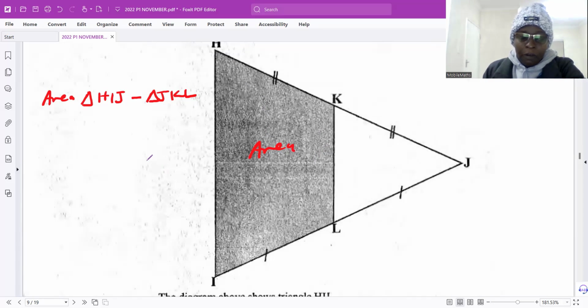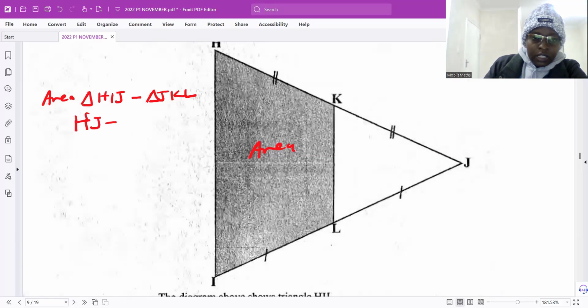Then number 2, we can find the ratio of this side. I know HJ is equal to 2 times HK, okay? Or I can even say KJ, let me say KJ so that it's easy. It's 2 times KJ, okay?